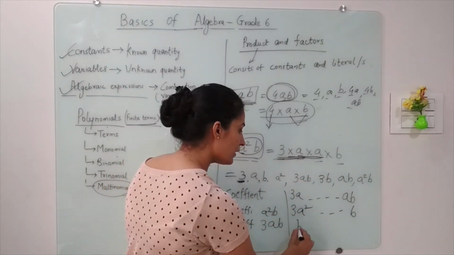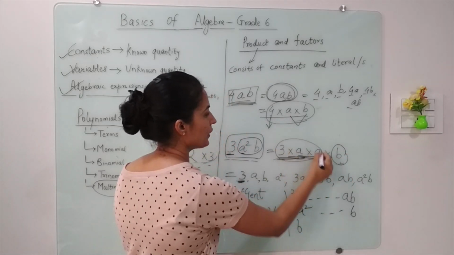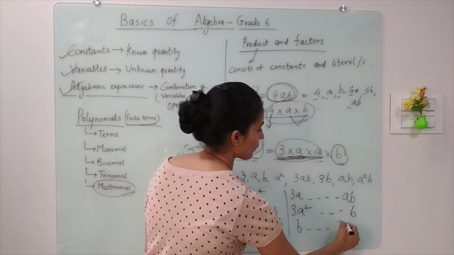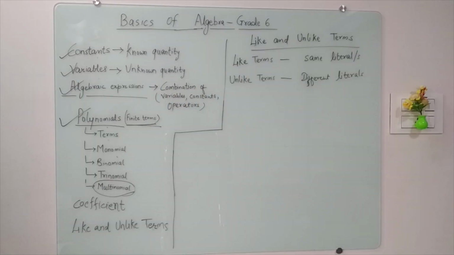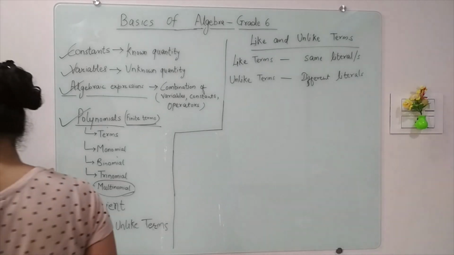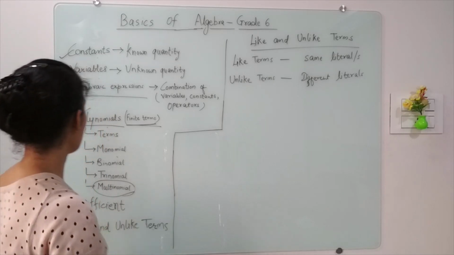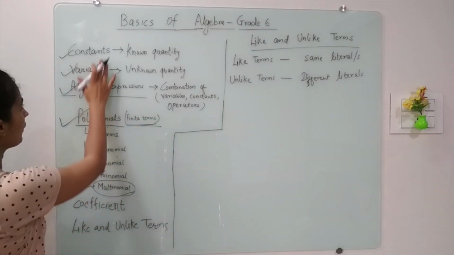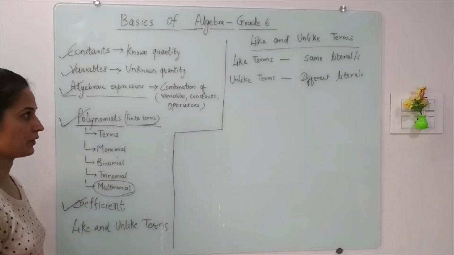And b, the only b, is the coefficient of 3a square. I hope this makes sense. Okay, so far we have covered these and we have also understood what a coefficient is.